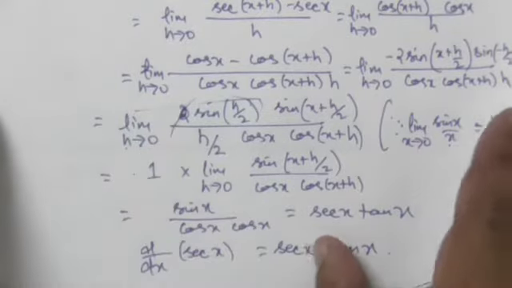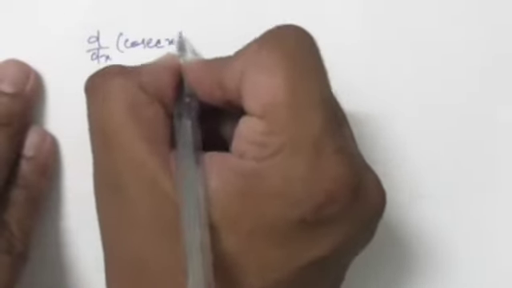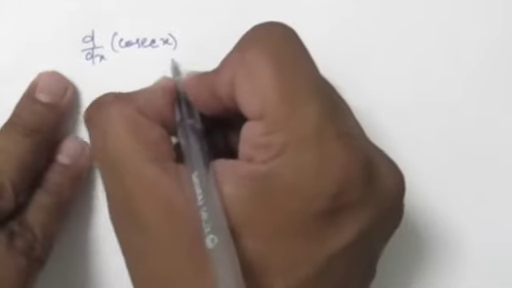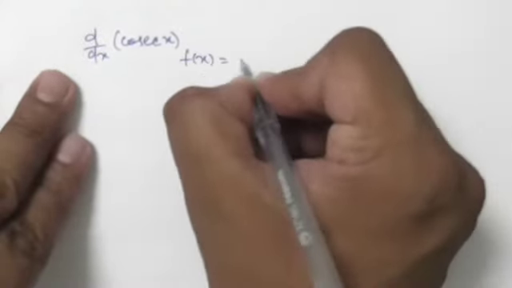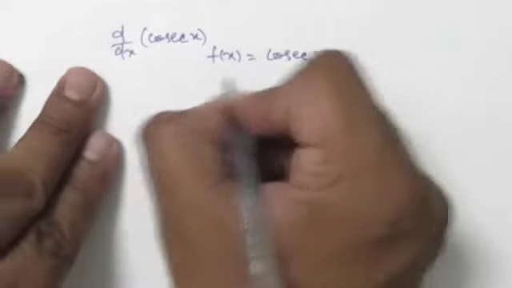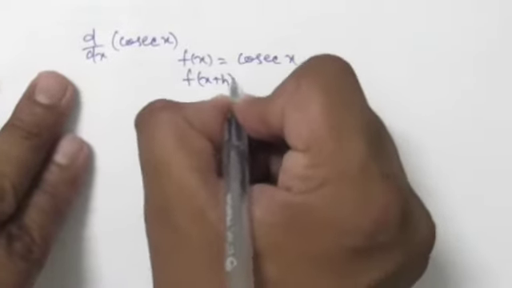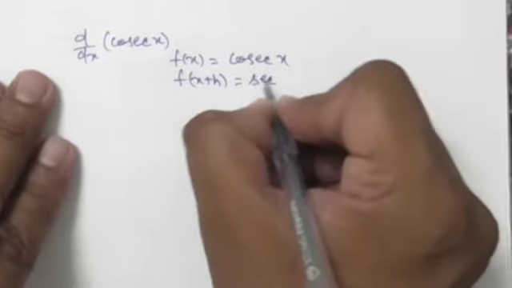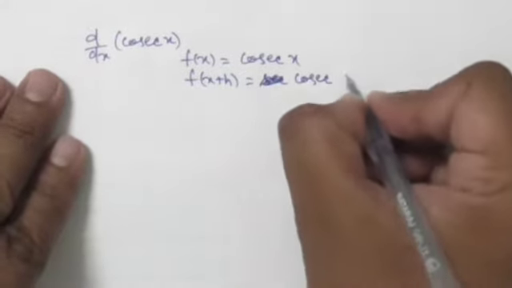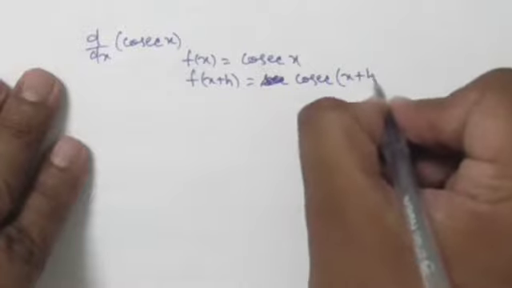Now we have to find the derivative of cosec x with respect to x. So let again f(x) is equal to cosec x. f(x + h) is equal to cosec(x + h).